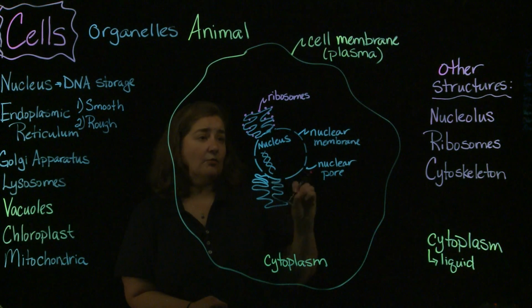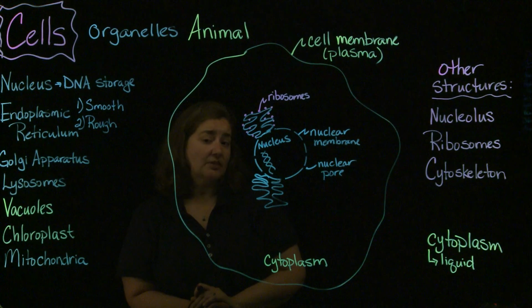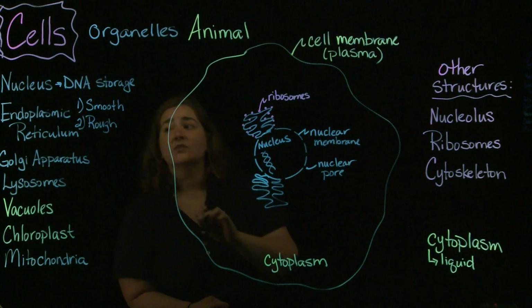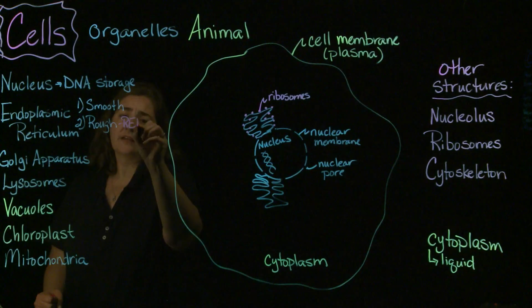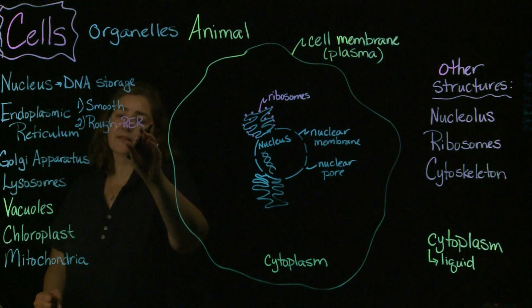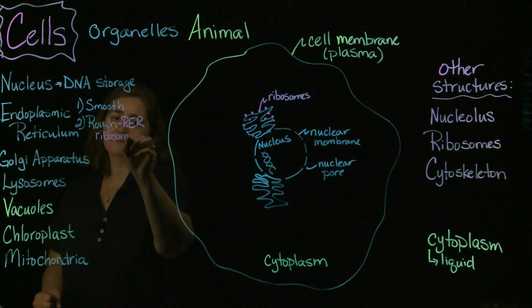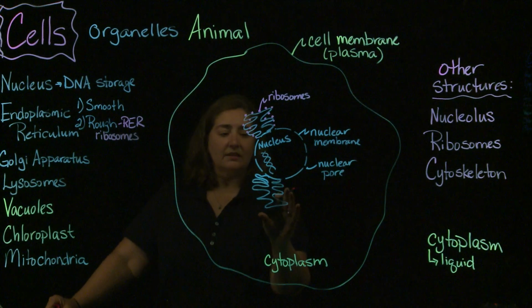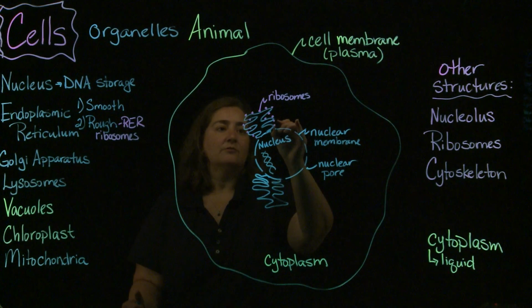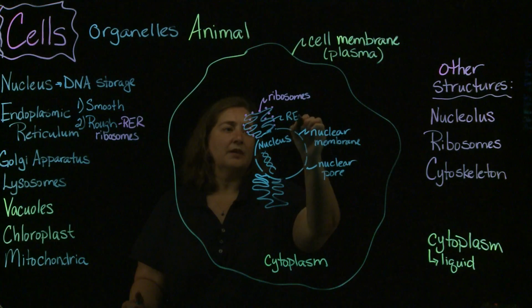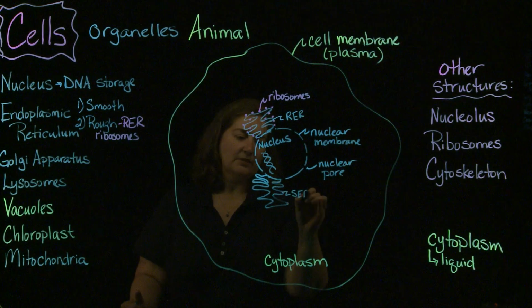Ribosomes are found either attached to endoplasmic reticulum, in which case this would be the rough endoplasmic reticulum. The rough endoplasmic reticulum is going to be the one that has the ribosomes. This would be our smooth endoplasmic reticulum here. So this is our rough endoplasmic reticulum. This is going to be our smooth endoplasmic reticulum.